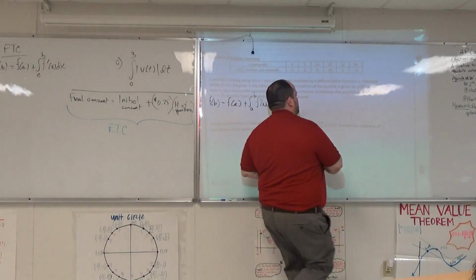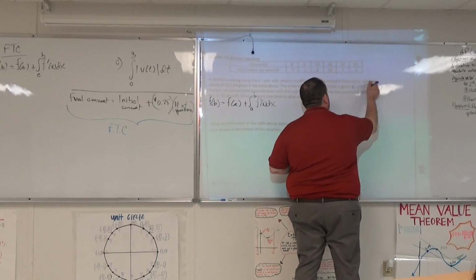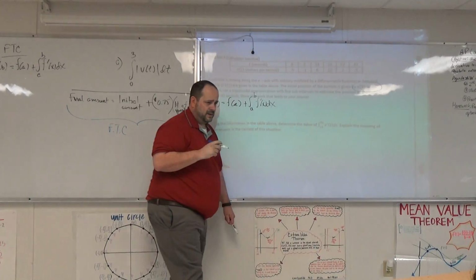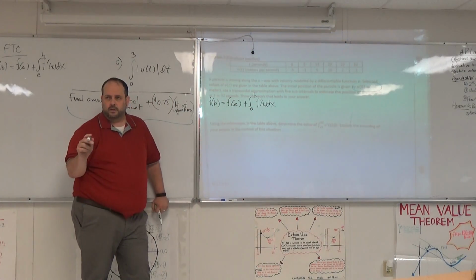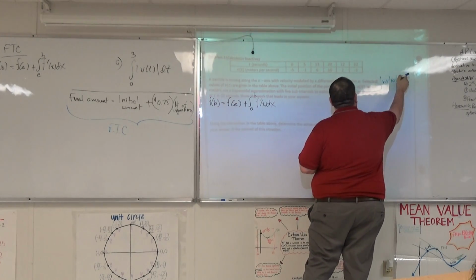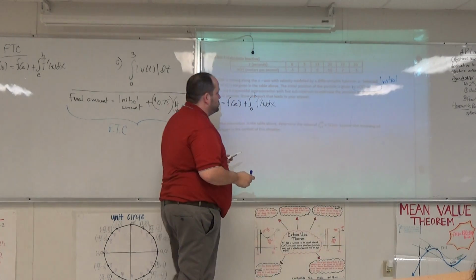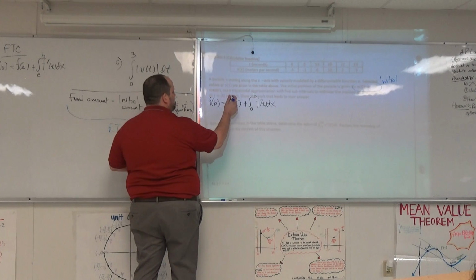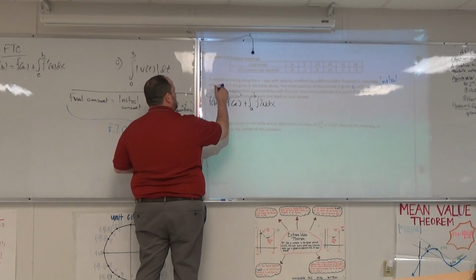They told me x of 0 equals -4. Is everybody okay that that's going to be our initial value? All right, what I'm looking for is the position of the particle at time t equals 32.